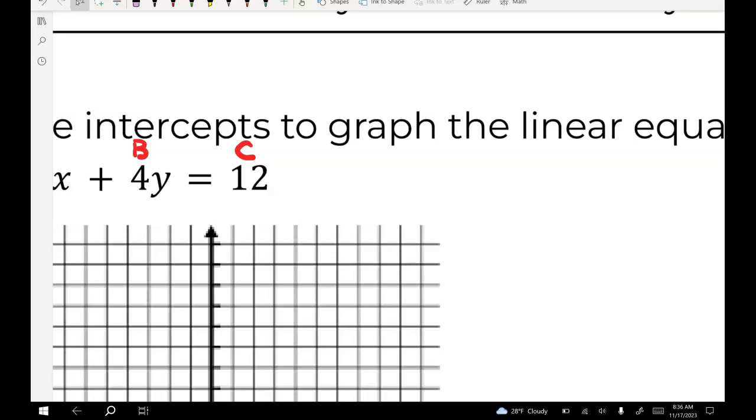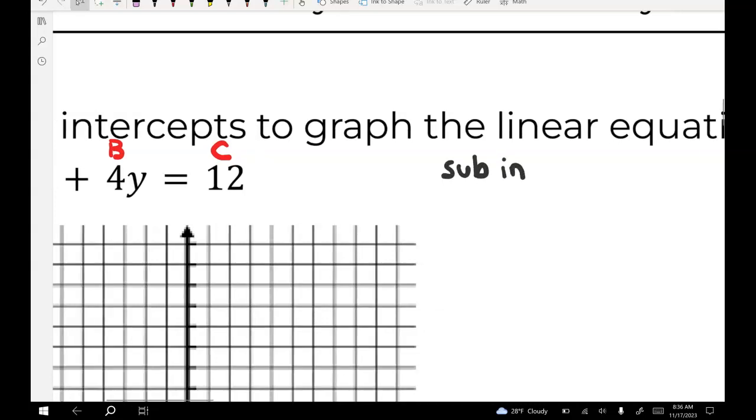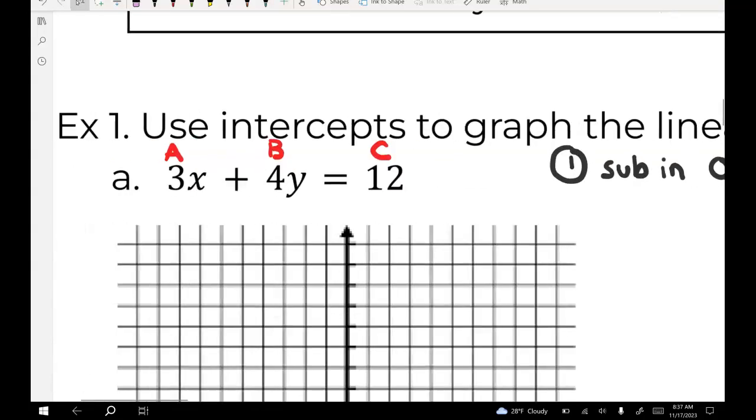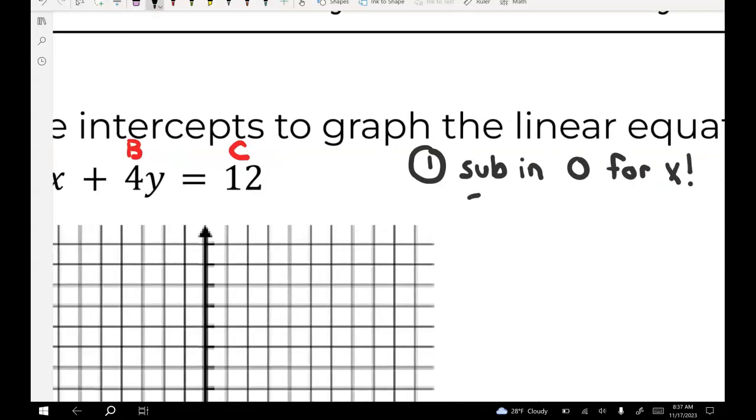That makes more sense. So we're going to sub in 0 for x. That's your first step. So what that will look like, we write 3, then instead of writing an x, we substitute in a 0, and then we just copy everything else that we have.